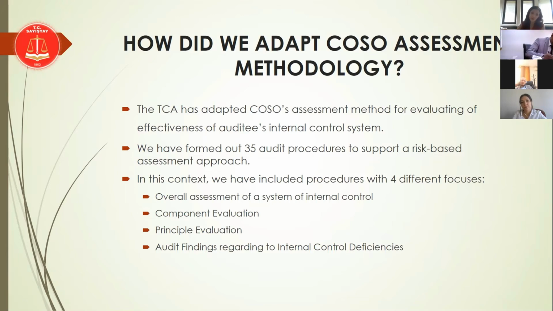I haven't written it down, but please understand the assessment is for internal control systems, enterprise risk management, and strategic management. Number 2 is component evaluation. Number 3 is principle evaluation, and the fourth is the audit findings regarding internal control deficiency. So we have 4 objectives in the assessment. Please remember this one also.